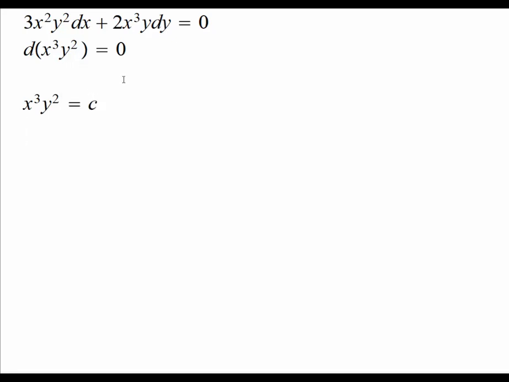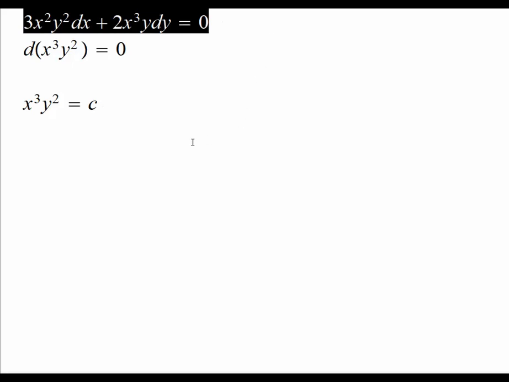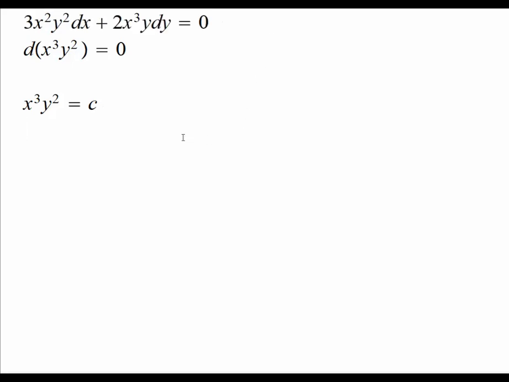Okay, so when we have a differential equation so conveniently related, in the sense that if we take the differential of this equation we get the differential equation directly, we call such a differential equation an exact equation, or an exact differential equation.